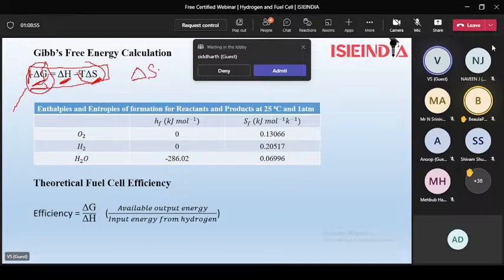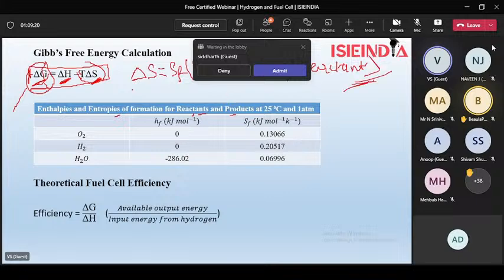We can calculate it as the entropy of the product minus the entropy of the reactant. So like that only we can calculate.